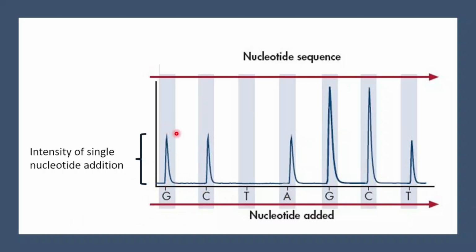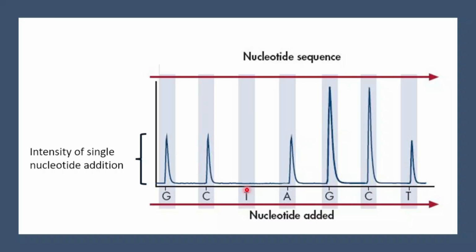Okay. Remember, in the pyrogram, you're adding one nucleotide at a time. So if, for example, you add one nucleotide in your picotiter plate, and that nucleotide gets attached 5 times in a row, it will only appear in this place here. So you will have this peak, double if there are 2, triple if there are 3, etc. That does not mean that the G here, so in this case you have G, C, T, is not clear.